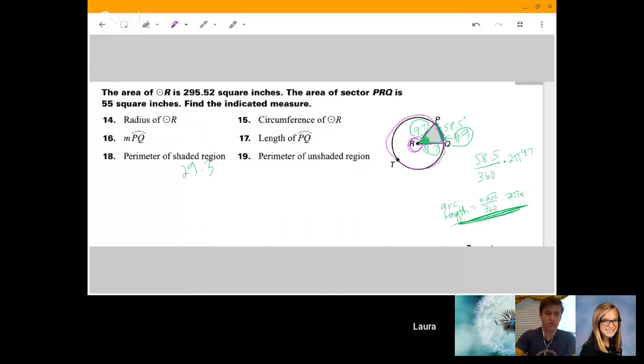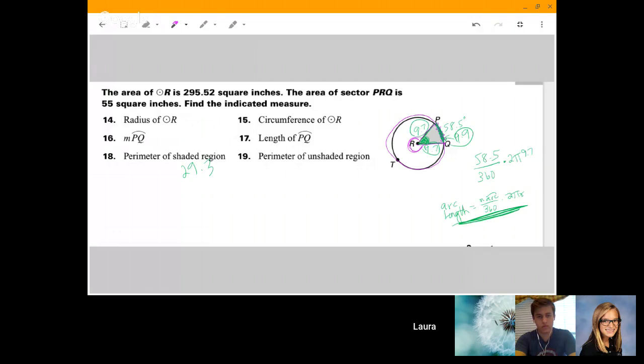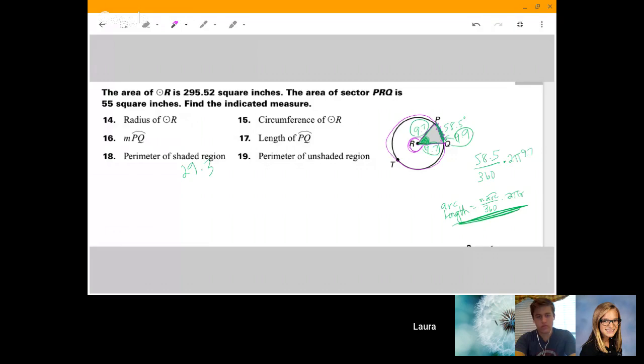Let's see, so that'd be 2 times 9.7. So just for that part, for the arc length, for arc PTQ, the pinkish purple part of the arc, did you get 51.05?